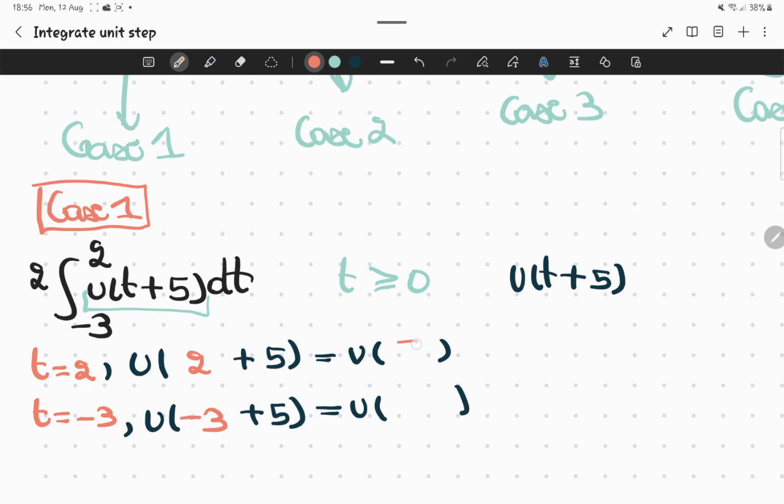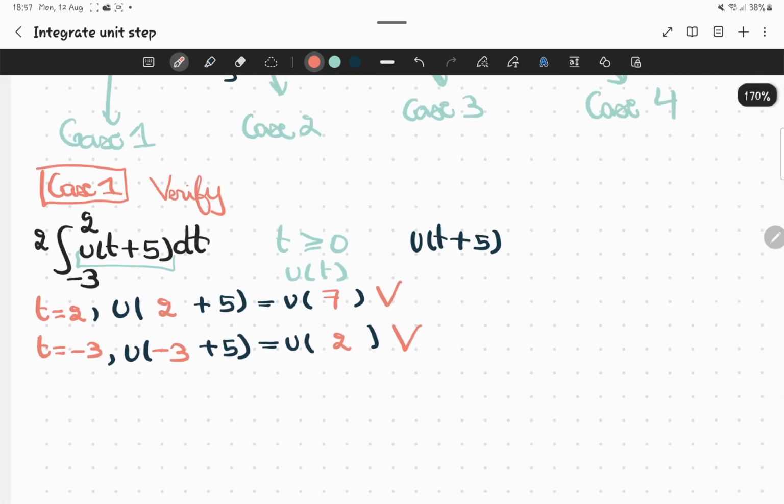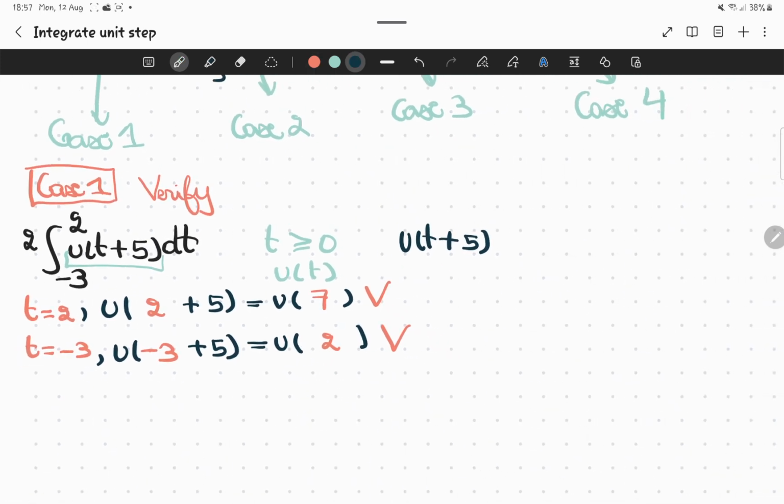It's gonna give us 7, then it's gonna give us 2. If you check what's inside, it's u of t, which means t is positive here and positive here. So this one is verified. Let's go to the next case.